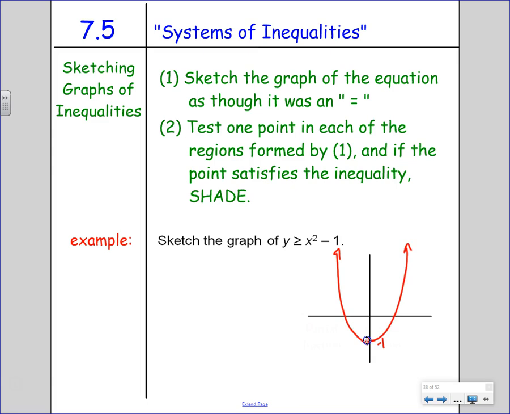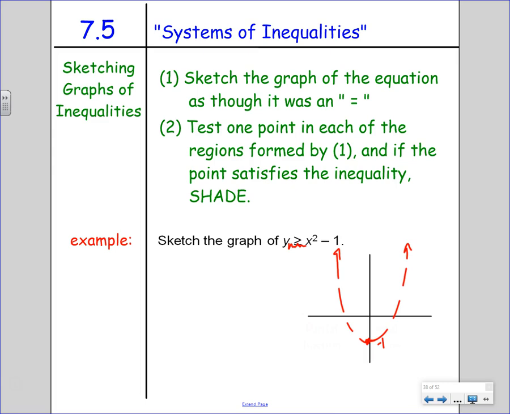Why did I graph x squared minus 1 with a solid line? Because it's greater than or equal to, and with an equals we always do a solid line. What if that was missing? Then we would do the dotted line, dotted all the way around.